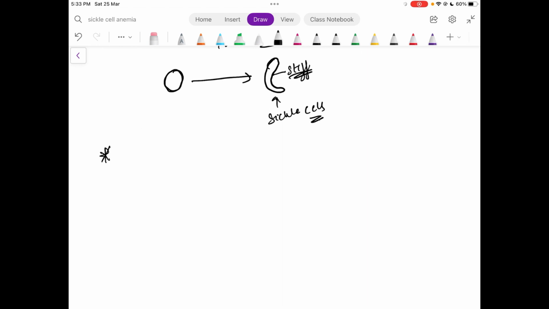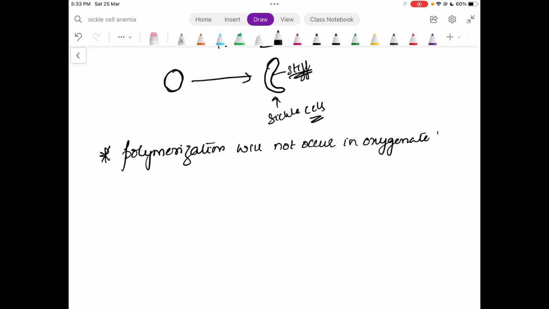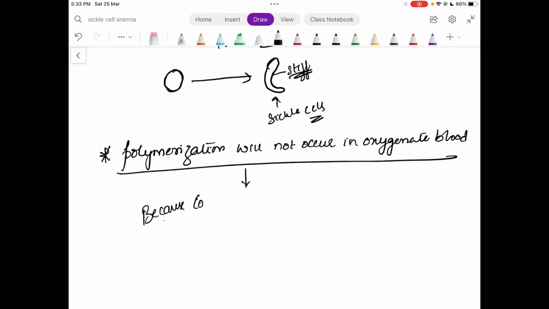And this polymerization will not occur in oxygenated blood. Why doesn't it occur in oxygenated blood? Because the complementary hydrophobic site is not exposed.